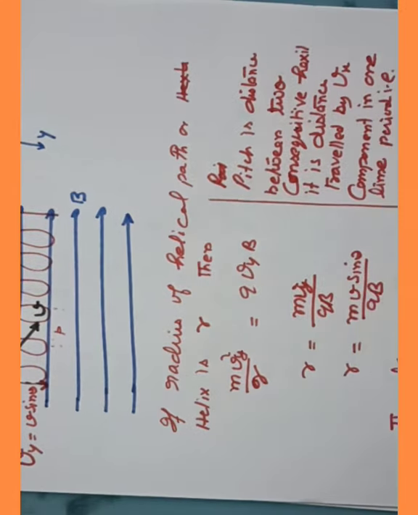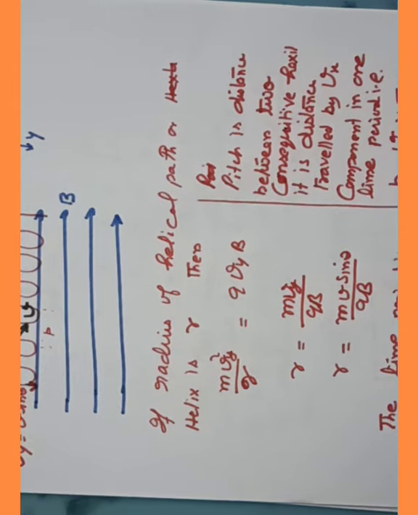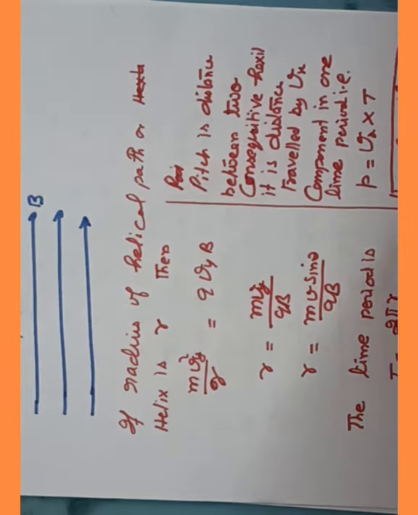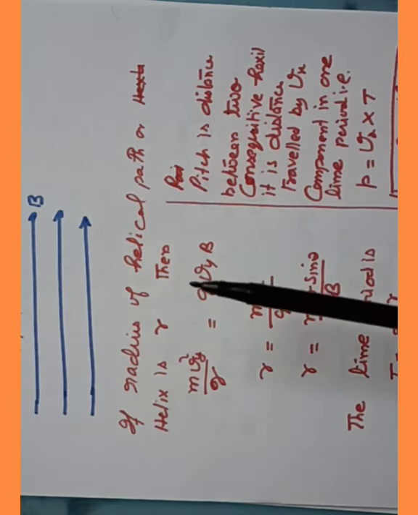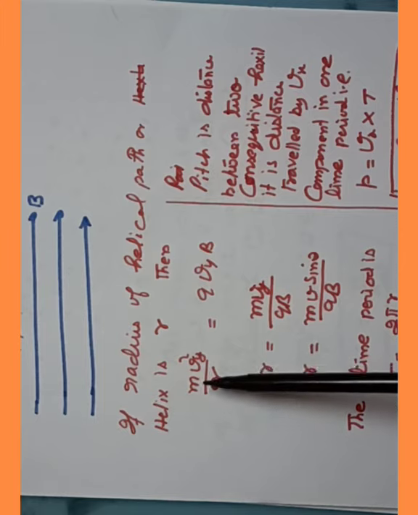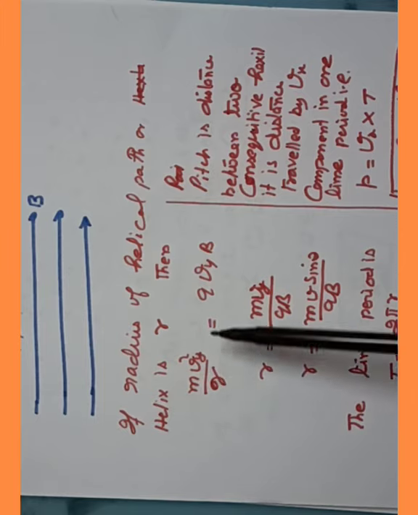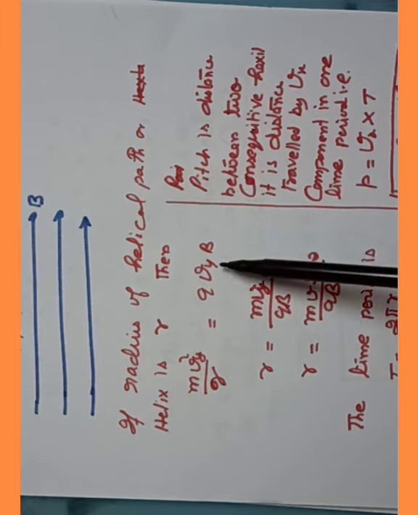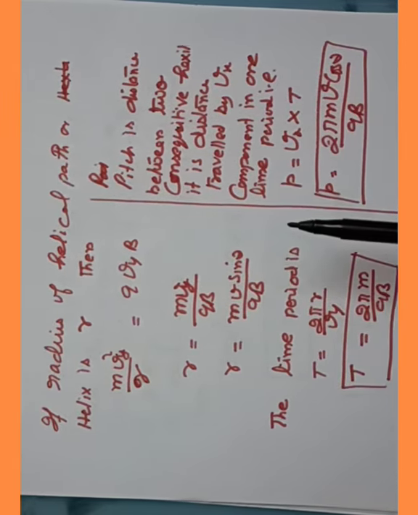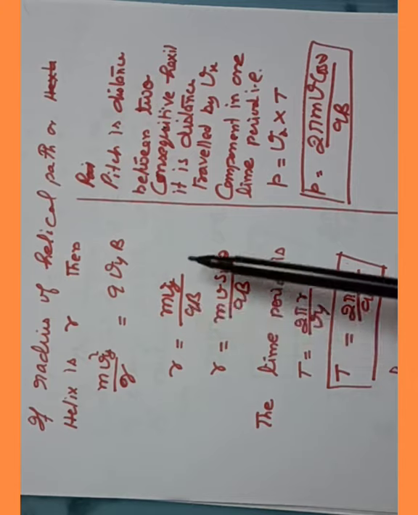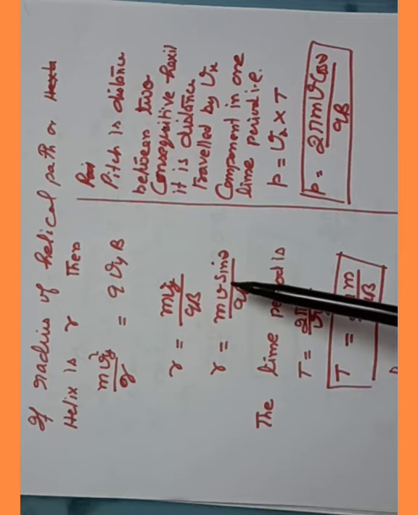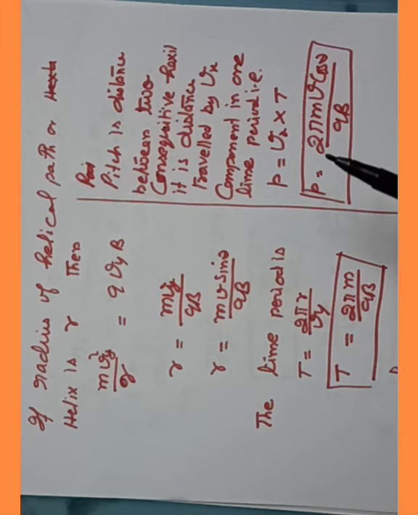If the radius of the helical path is r, then m vy square upon r equal to qvB. We will take the y component, then r equal to m vy upon qB, and vy is v sin theta, so r equal to mv sin theta upon qB.